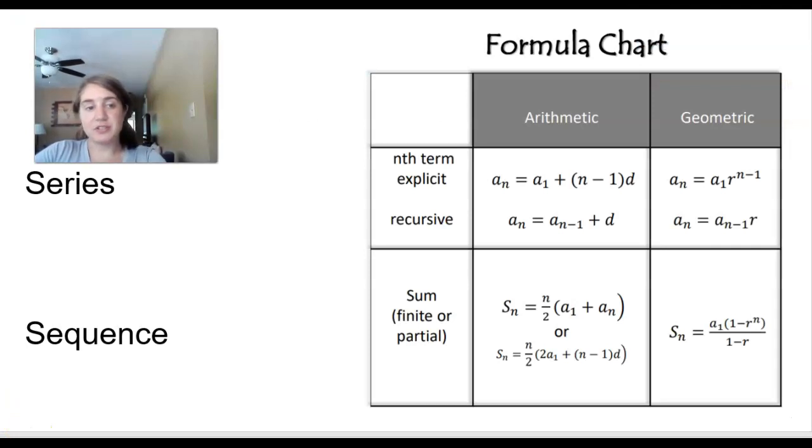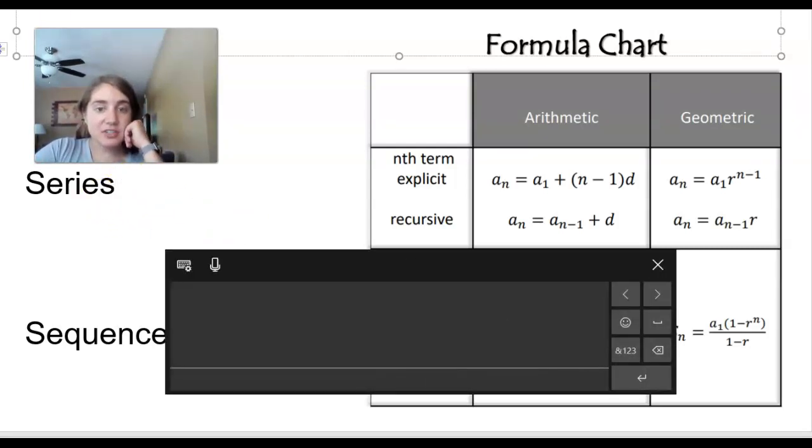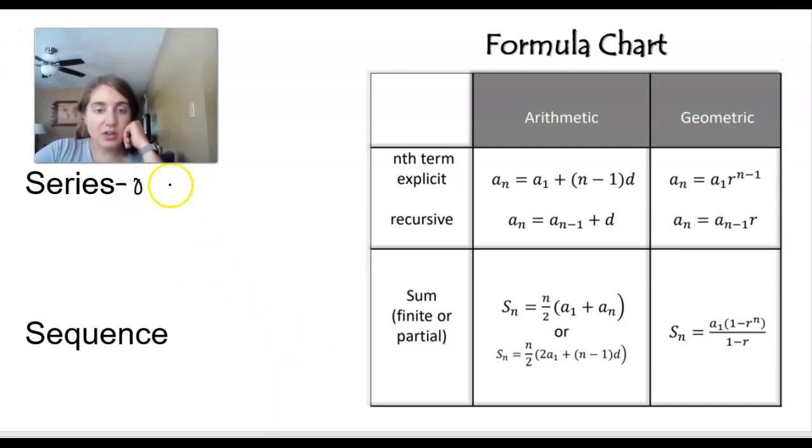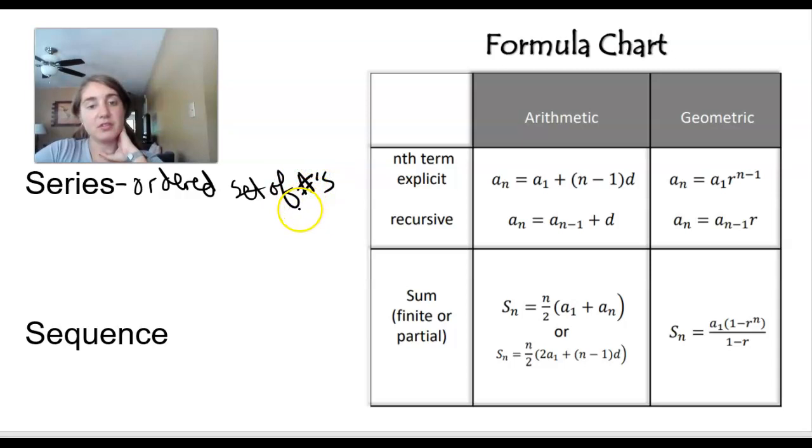Okay, so we're going to start putting some definitions to these aspects. What you guys have seen so far and what we've talked about is a series. So a series is simply an ordered set of numbers, or like numbers with a pattern.